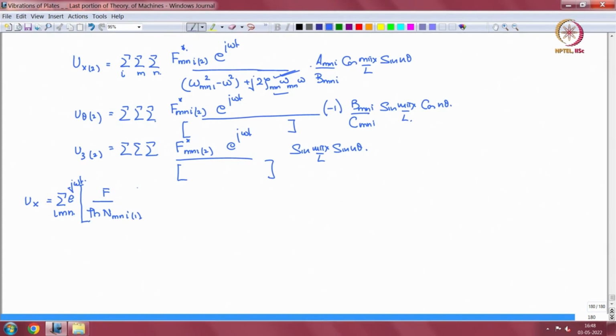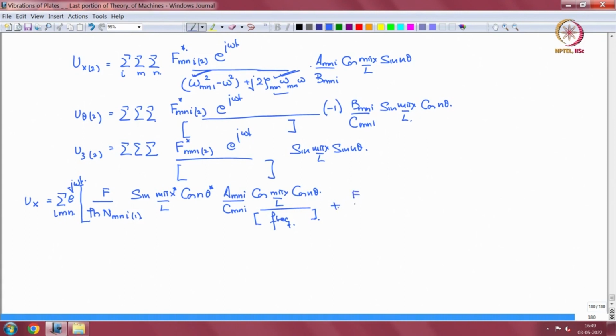We get f by rho h N m n I, sin m pi x star by L cos n theta star, and then A m n I by C m n I cos m pi x by L cos n theta, divided by the frequency term.